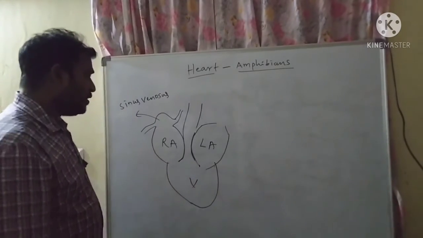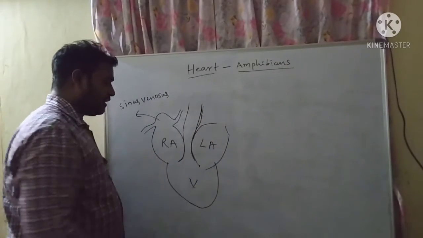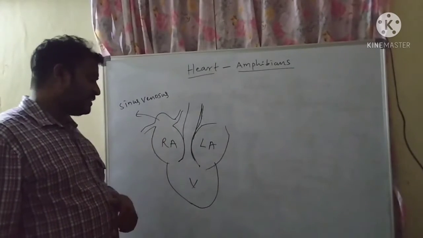Now one of the most important modifications happening inside the amphibian's heart is the truncus arteriosus.